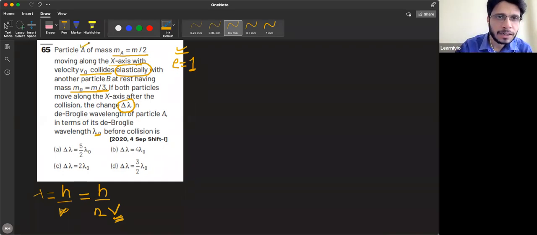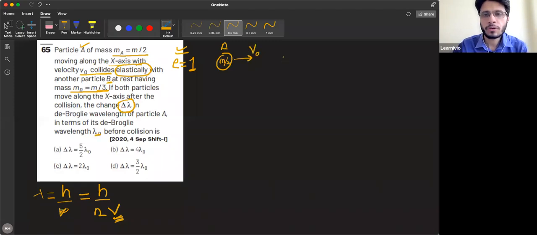So you have particle A, and particle B is at rest. This is particle A, its mass is m by 2, and it's moving with velocity v0. It collides with particle B, whose mass is m by 3. This is at rest, so its velocity is 0.